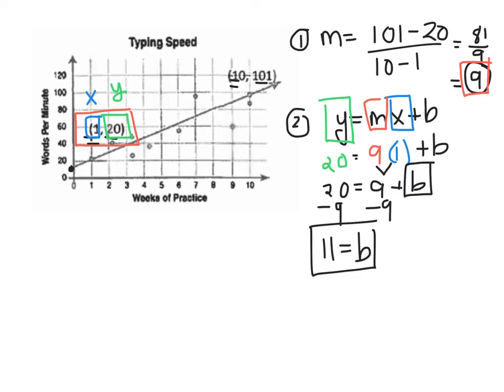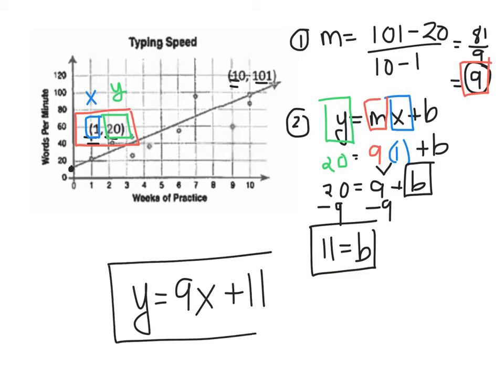So our final answer is the equation of the trend line, y equals 9x plus 11. And so that's the equation of our trend line. A question that you might be asked would be, what does the slope represent and what does the y-intercept represent? The slope is always going to be a per statement.